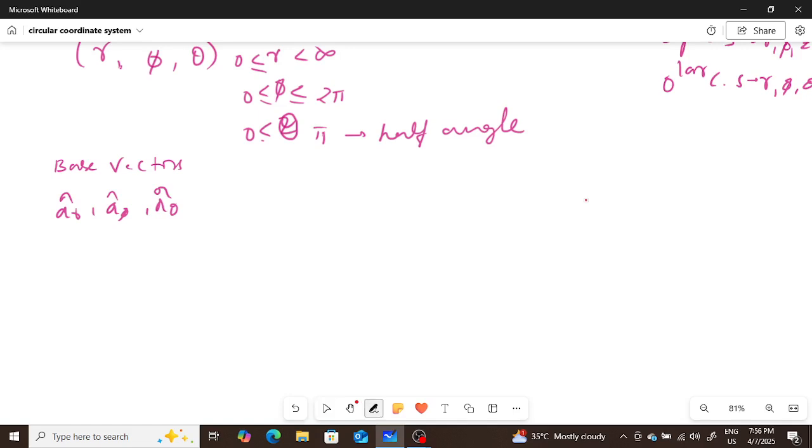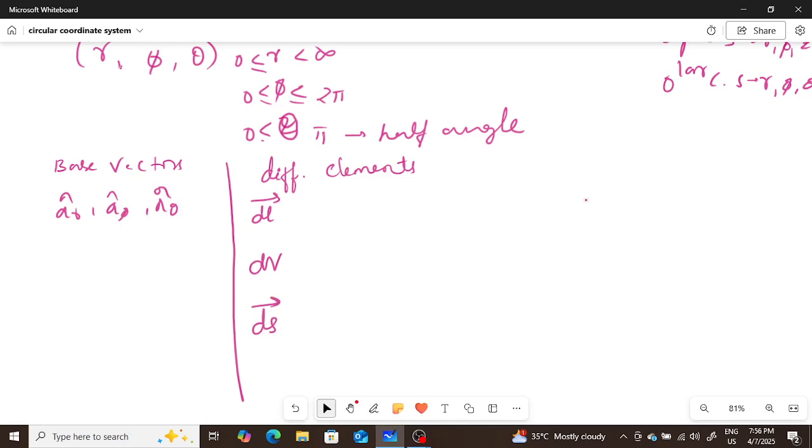Next, what we have studied in the other two coordinate systems, the differential elements: one is differential length, another is differential surface area, and the differential volume. Observe carefully, for length and differential surface area I am marking it as a vector, for volume it is scalar.